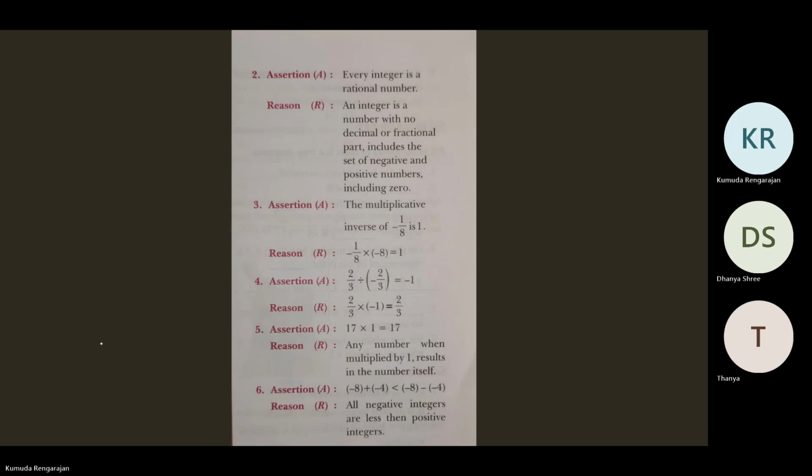Tanya: Ma'am, is it option B? What about Danya? Ma'am, I wrote option A. Okay, so it looks like there is something which is not clear. Let me read it for you.